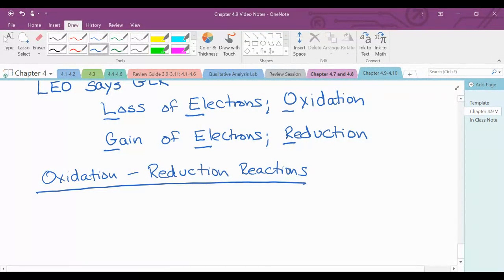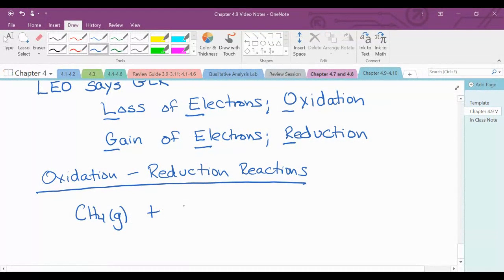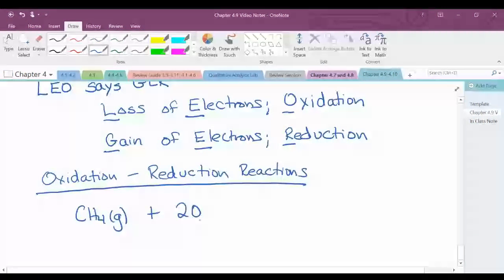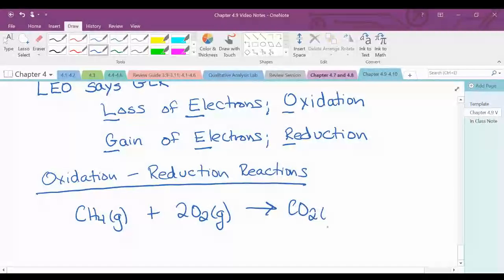And so we're going to do the combustion reaction of methane gas plus oxygen gas to form carbon dioxide gas and water vapor.